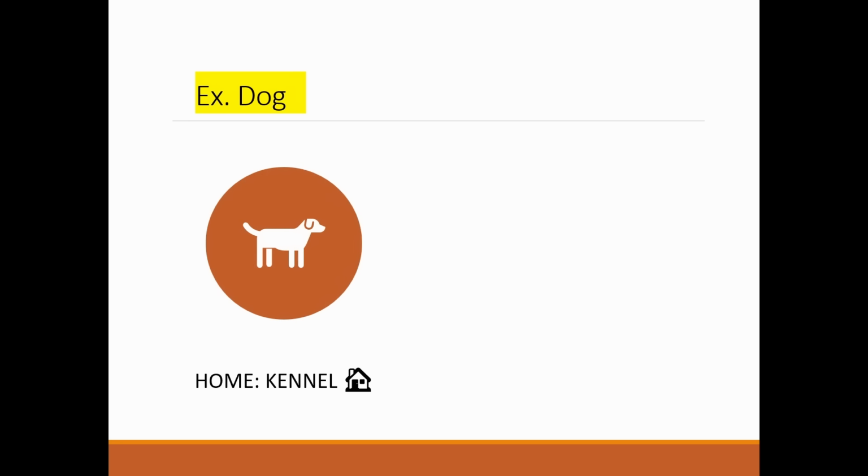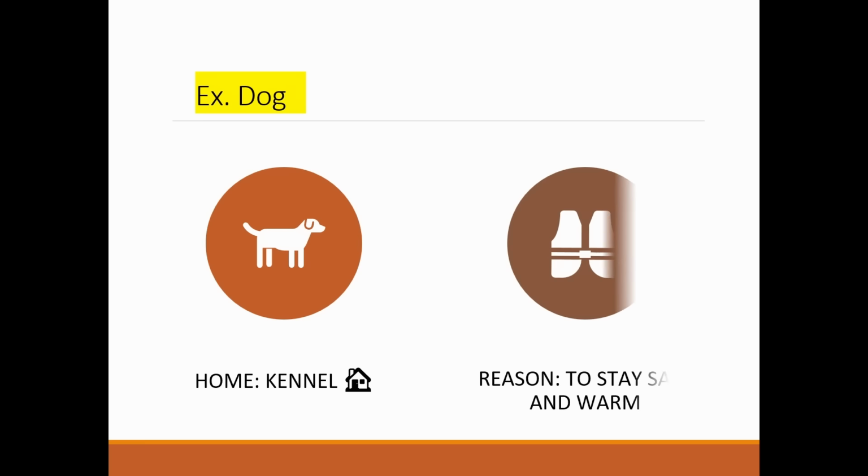Example, here is a dog. So they stick the dog's home, a kennel. After that, the reason they will stick it is to stay safe and warm. So the reason also they will tell, and they will display the chart.